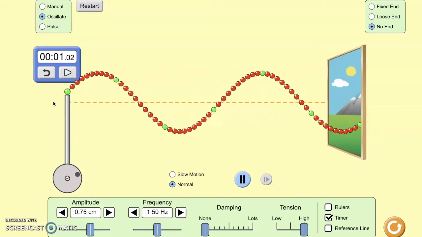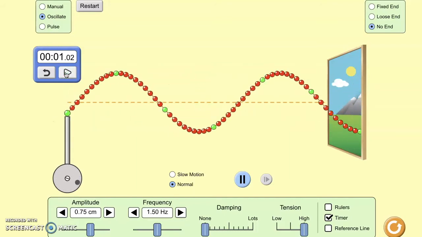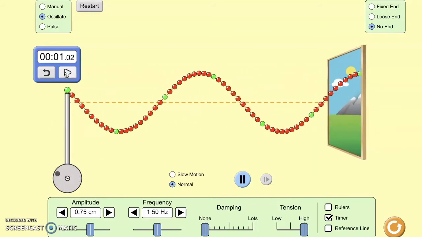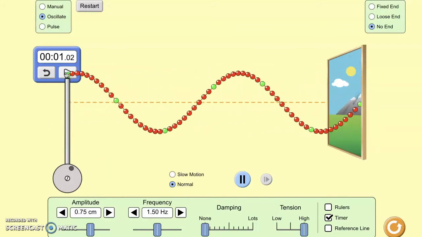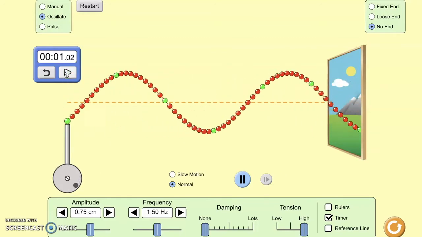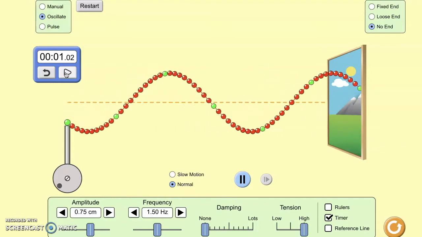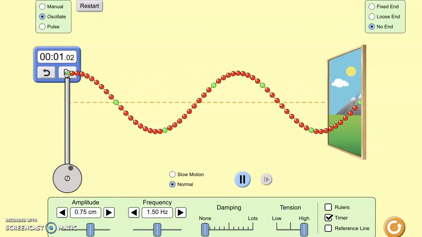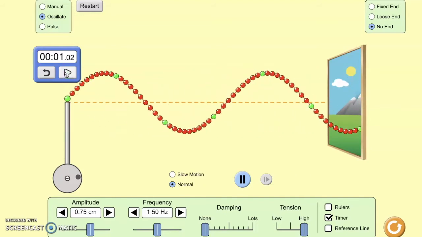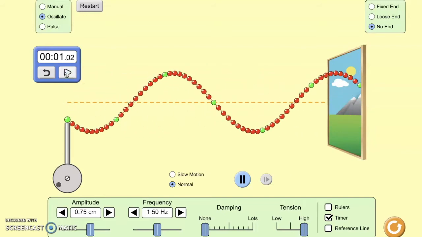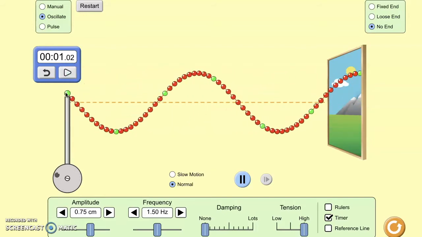And if we look at the timer that we had before, 0.68 seconds, if we're doing number of cycles per 1 second, we can use that 0.68 seconds to figure out what the frequency would be, the measured frequency. So if I do 1 divided by 0.68, that gets me 1.47 hertz. Pretty close my timing was. So the frequency is the number of cycles that can happen during this 1 second.